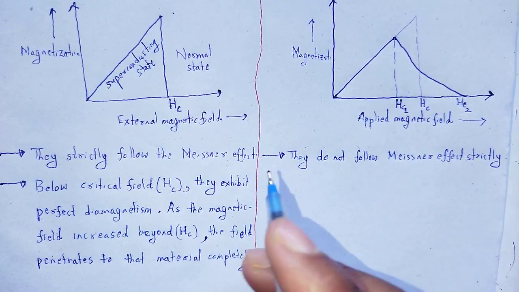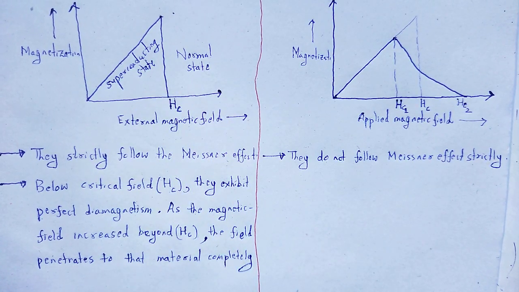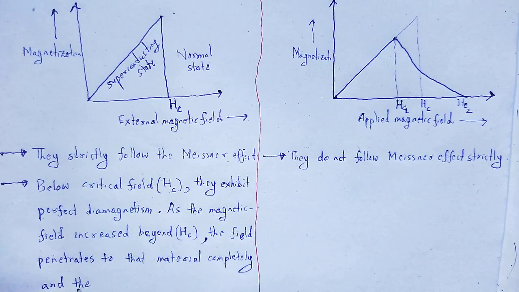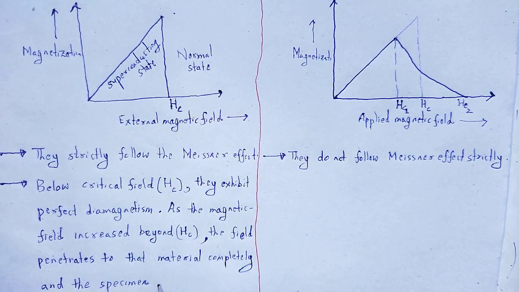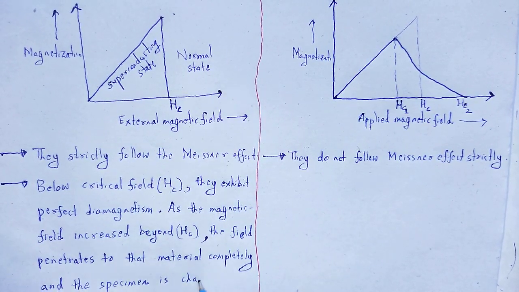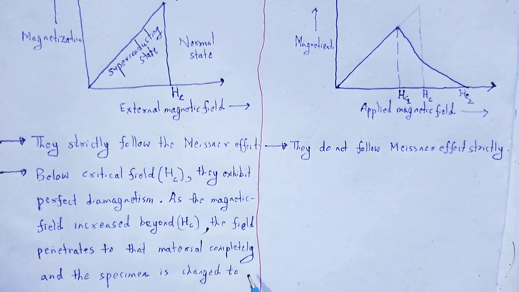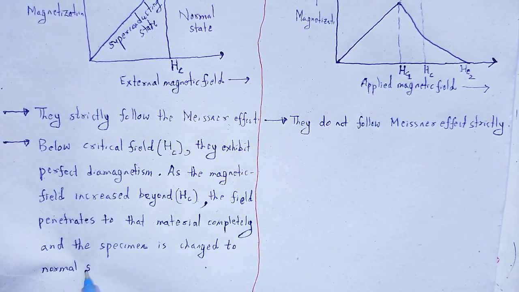Therefore, that superconducting state changed to normal state, and the given specimen is changed to normal state.